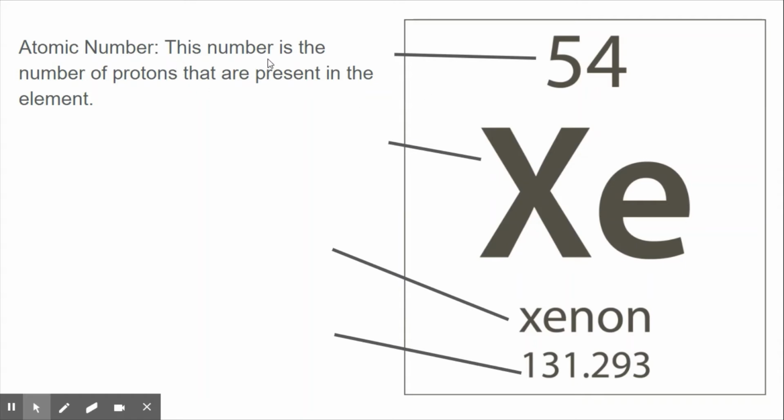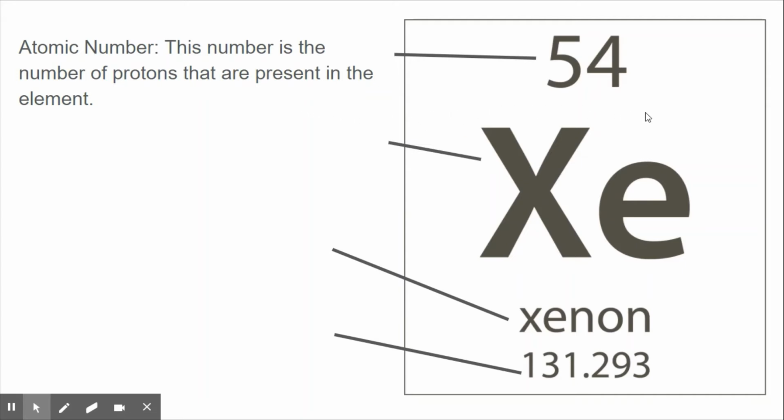This is the number of protons present in the element. So xenon has 54 protons, no more, no less. Otherwise, it wouldn't be xenon. Remember, protons are what define an atom of a certain element. If it had more protons, it would not be that element. If it had less, it wouldn't be.